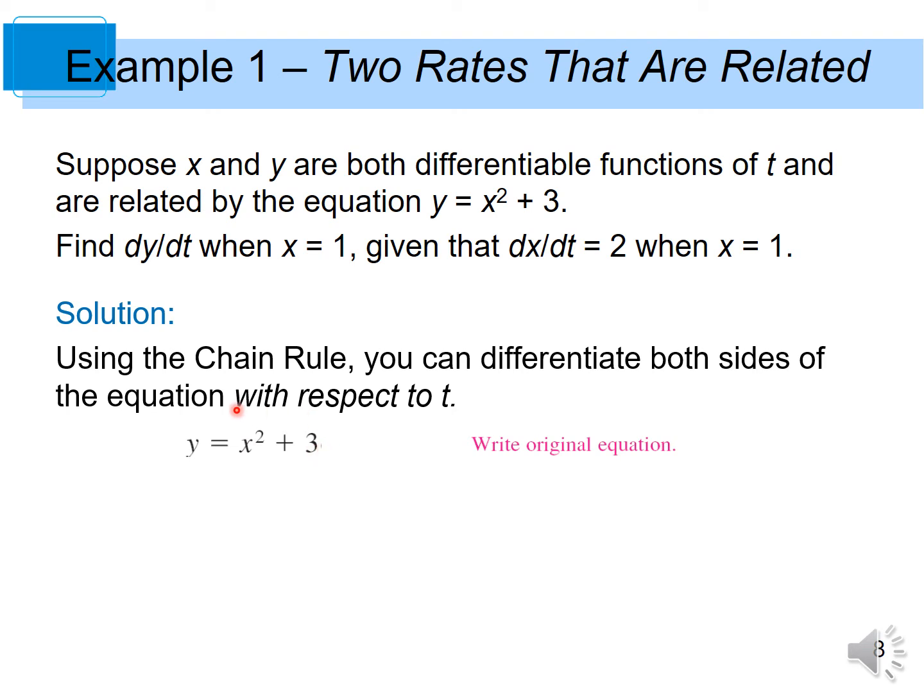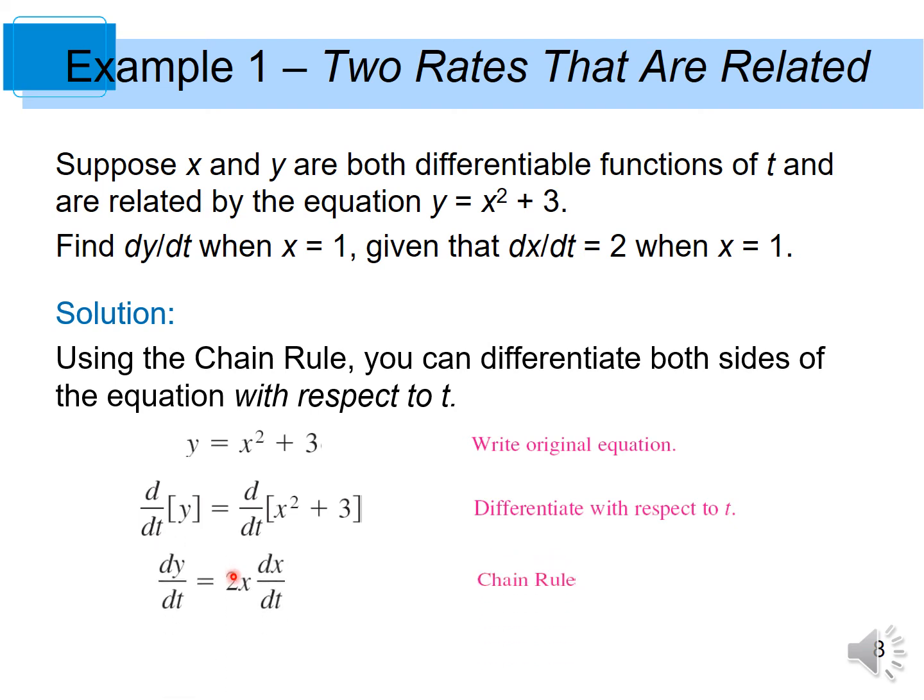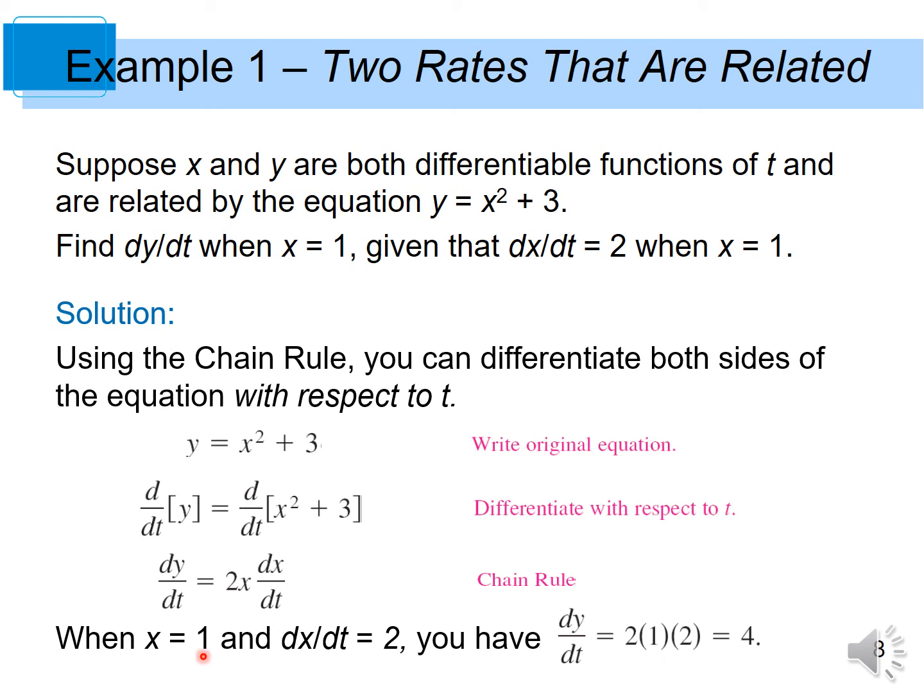We write the original equation and differentiate both sides with respect to t. So we have dy/dt = 2x dx/dt. When x = 1 and dx/dt = 2, you have dy/dt = 2 times 1 times 2, equal to 4.